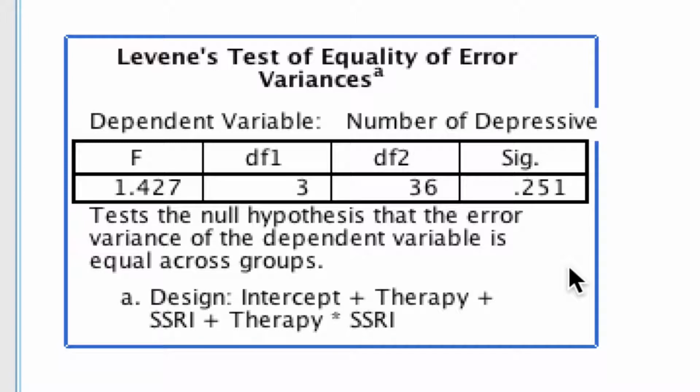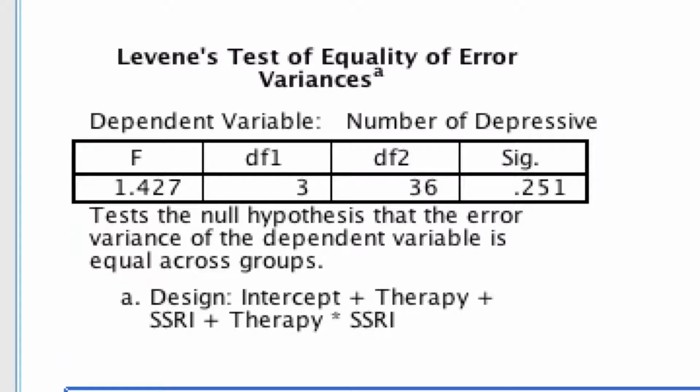But if the variances were different between the levels we were comparing, so in this case we split based on therapy status, if the variances were different based on therapy status, substituting in this pooled error rate would give us a bit of a murky picture.